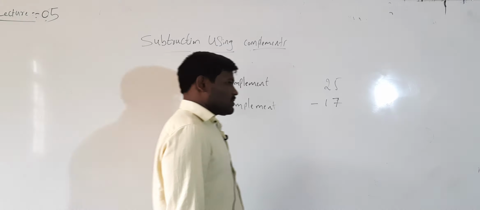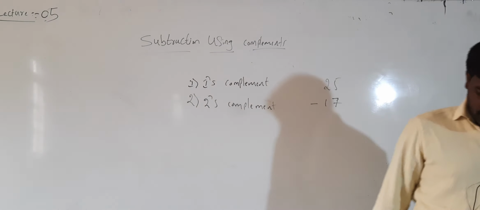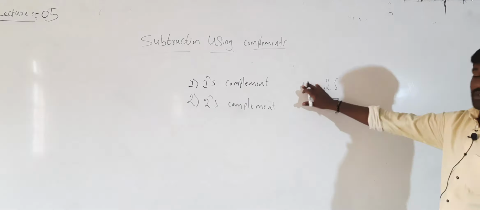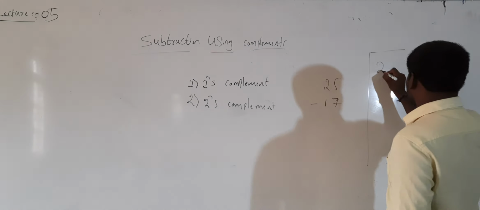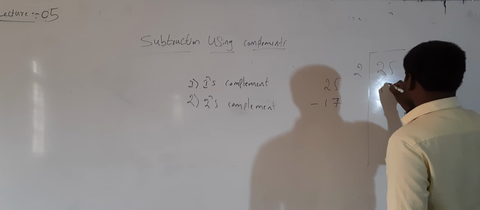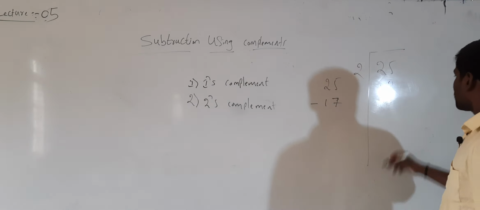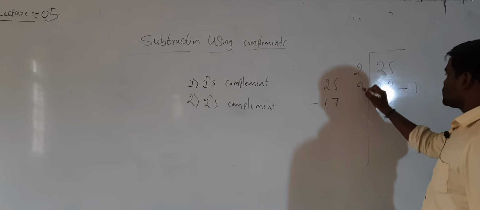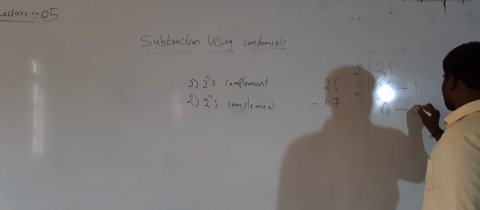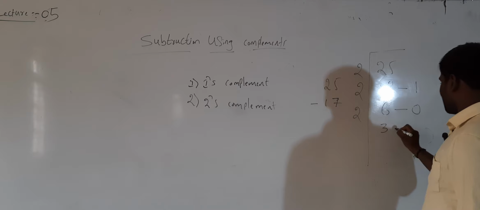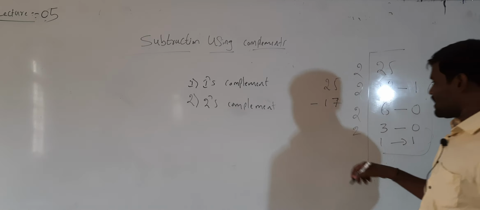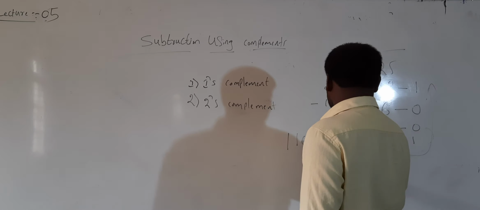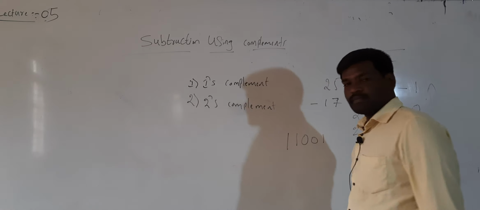Using ones complement, first we convert this 25 to a normal binary number. 2 1s are 2, remainder is 1. 2 2s are 4, remainder is 0. 2 3s are 6, remainder is 0. 2 1s are 2, remainder is 1. In the reverse order, you write the answer. That is 1 1 0 0 1.